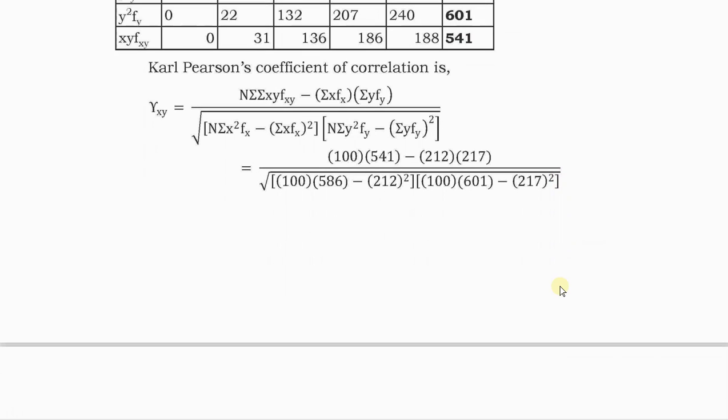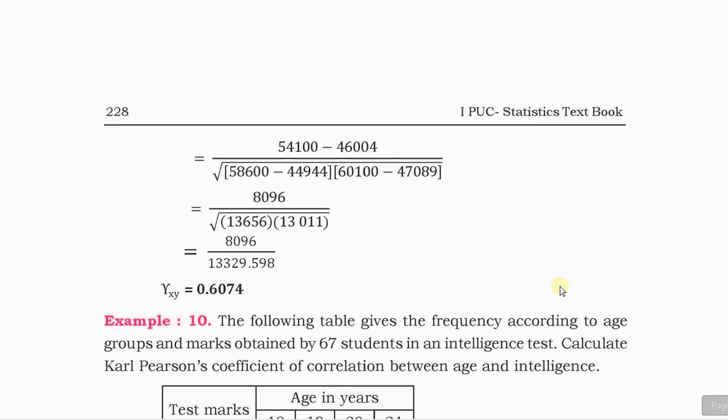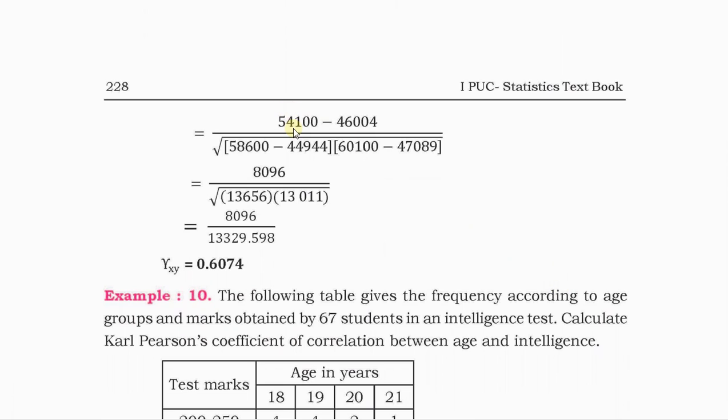So this results into, numerator part goes like 554,100 minus 46,004, divided by 58,600 minus 44,944 into 60,100 minus 47,089.